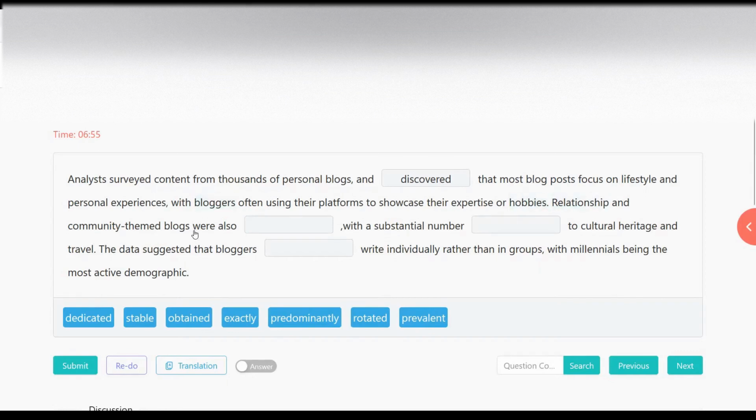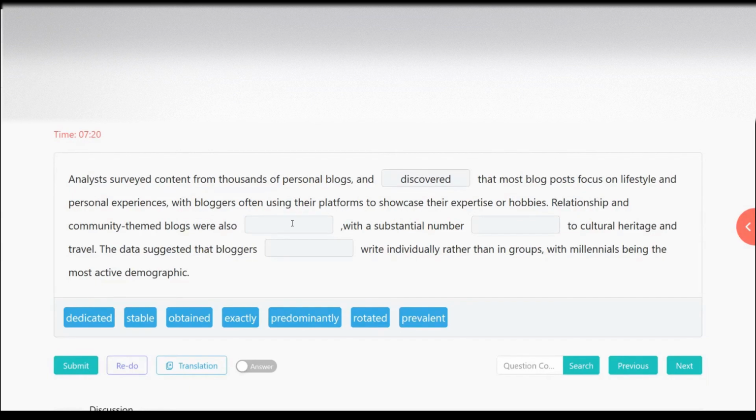Relationship and community theme blogs were also dash with a substantial number dash to cultural heritage and travel. Now here it is telling relationship and community theme blogs were also dash. In blogs, you will find a lot of tips and guidance for relationship, and also a lot of community theme blogs.